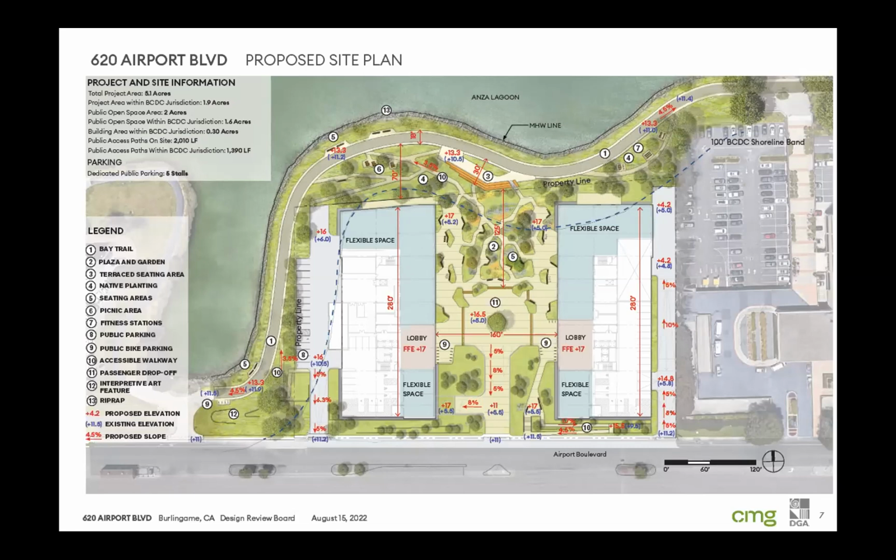The center drive is for drop-off and fire access. And then on the west side, you go up on top of the podium. So on the east side, it's the edge of the building of the garage. On the west side, it's the property line that you see there.